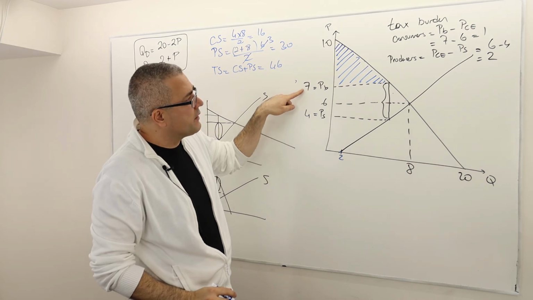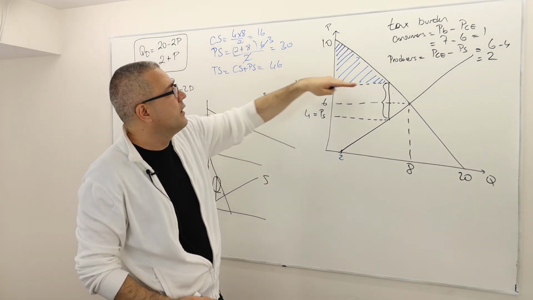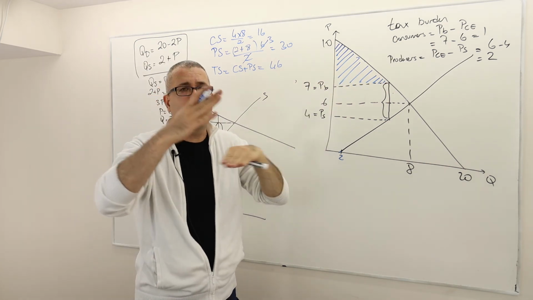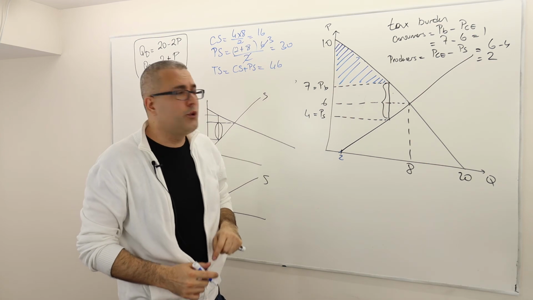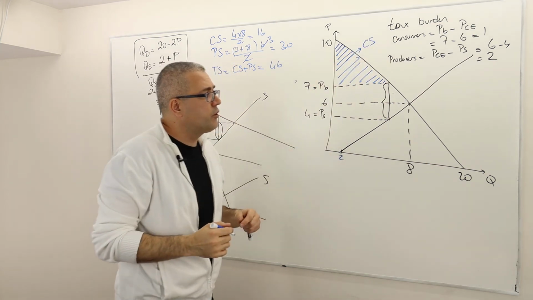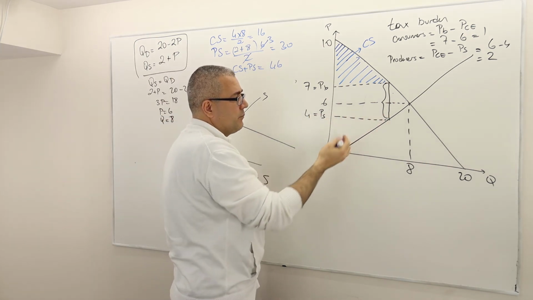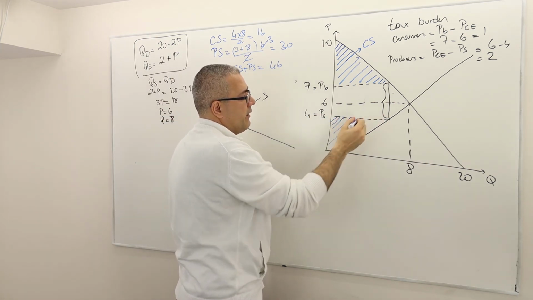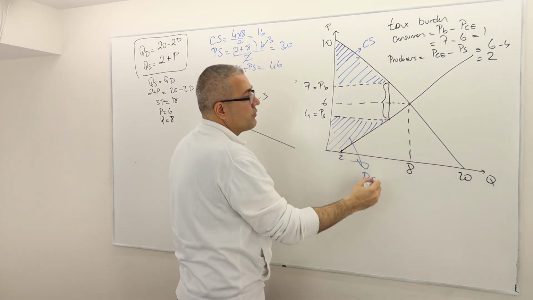Because the consumers pay $7 per good. So the area between the demand curve and the price line determines the consumer surplus. What about the producer surplus? The producer surplus is the area between the price line and the supply curve. So it is this area.